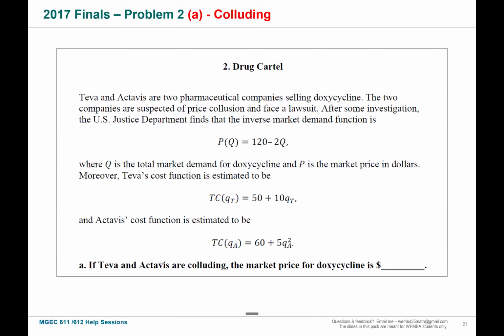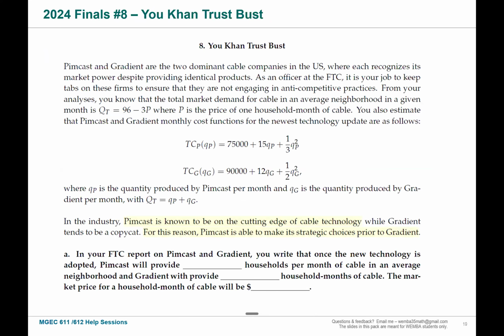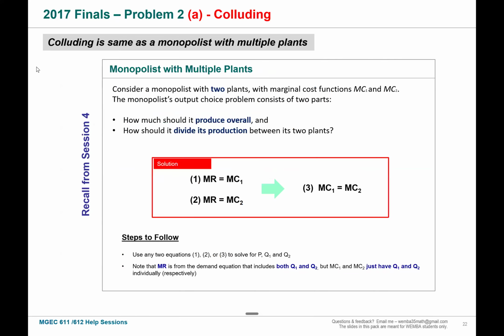Remember that? Which is the same as a multi-plant monopolist. A monopolist having multiple plants, the formula was MRT equals MC1 equals MC2. So that's what we'll do. Colluding is the same as a monopolist in multiple plants.